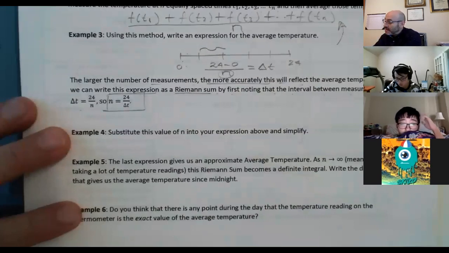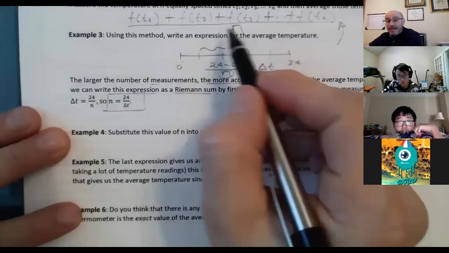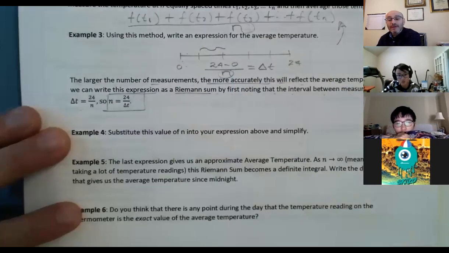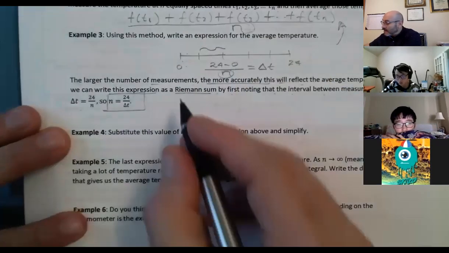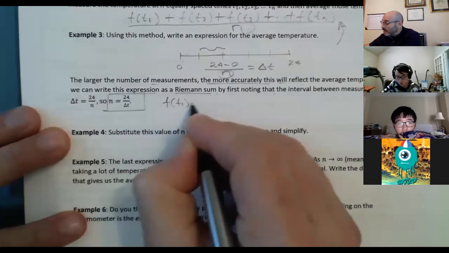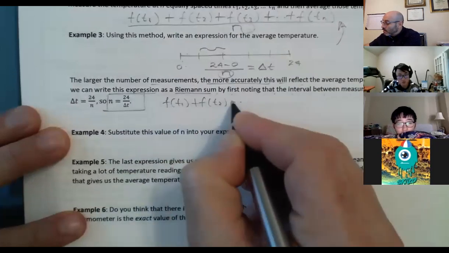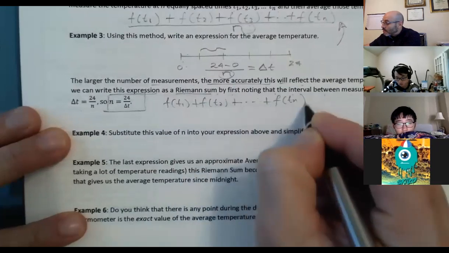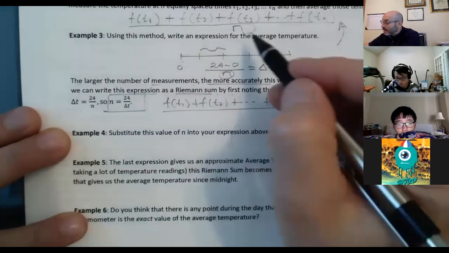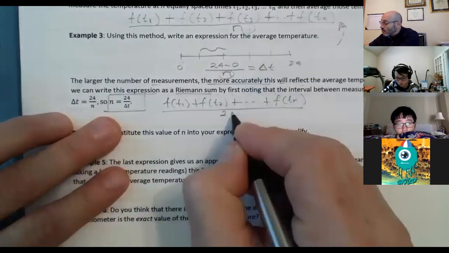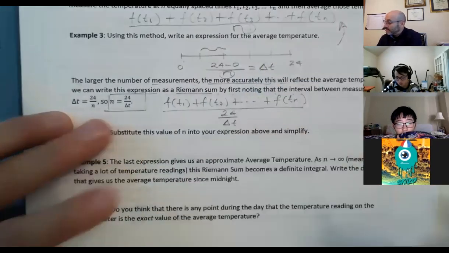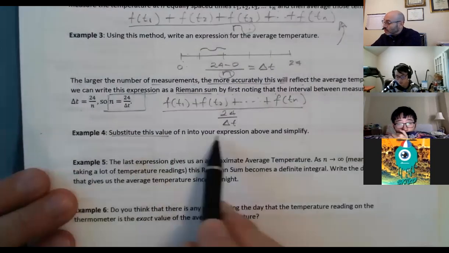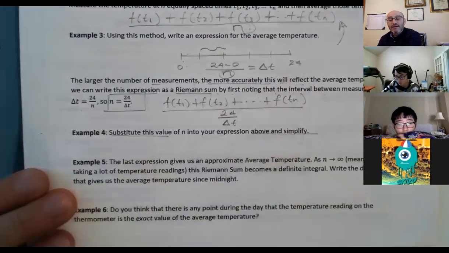So what they're saying here is the following, that if I replace this n by this expression, what am I gonna get? Well, I'll get f of t1 plus f of t2 plus f of t sub n over n, but n now is 24 over delta t. If we simplify this, it says substitute this value into the expression above and simplify.